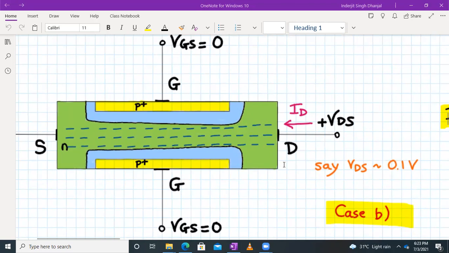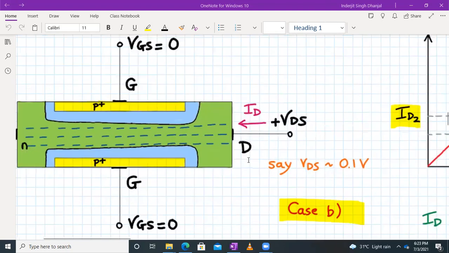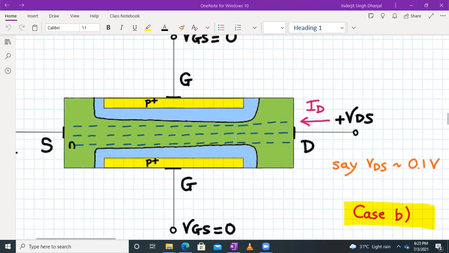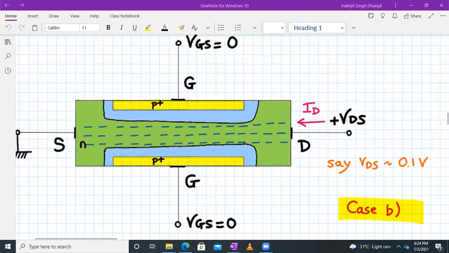We have seen that whenever the PN junction is reverse biased, the depletion region slightly increases. So the area near the drain region has reduced. As you can see, near the source region it's larger, and near the drain region it's slightly constrained.